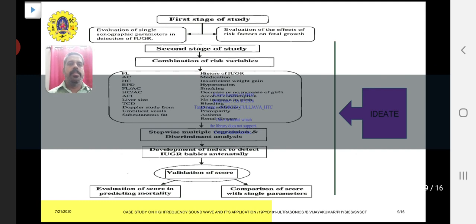The first stage of study is an evaluation of single sonographic parameters in detection of IUGR, then evaluation of the effect of the risk factor in fetal growth. Then the second stage is combination of risk variables in different stages, in stepwise multiple regressions, and the last one is validation of the score. So finally we get the stages.